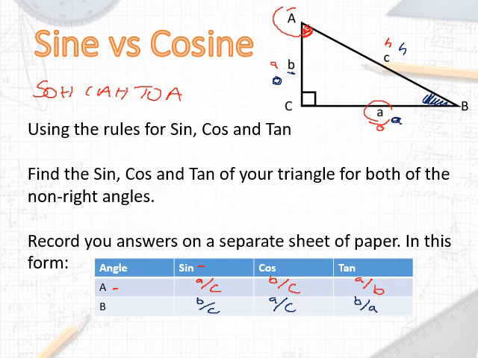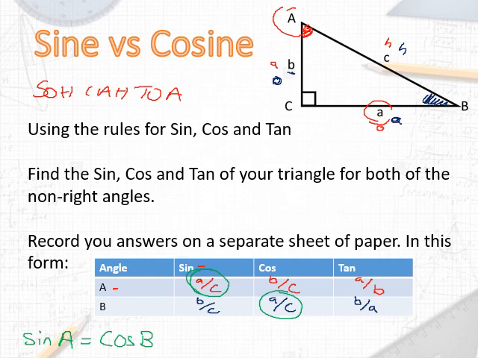Hopefully one thing you're noticing is that a over c is repeated. So sine of A gives you the exact same answer as cos of B, and the reason is they use the same side, little a over little c.